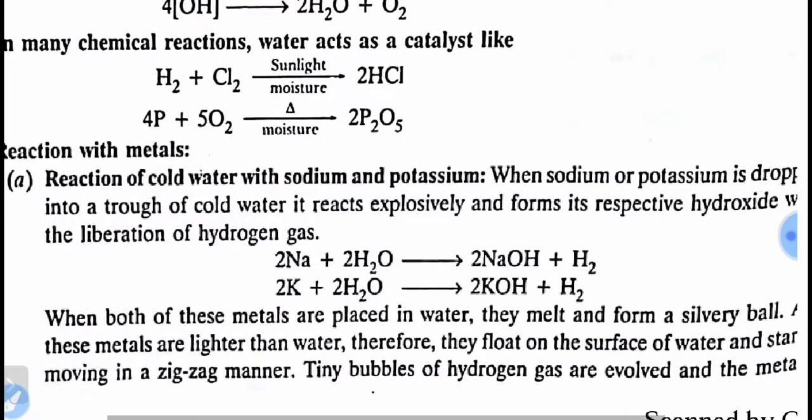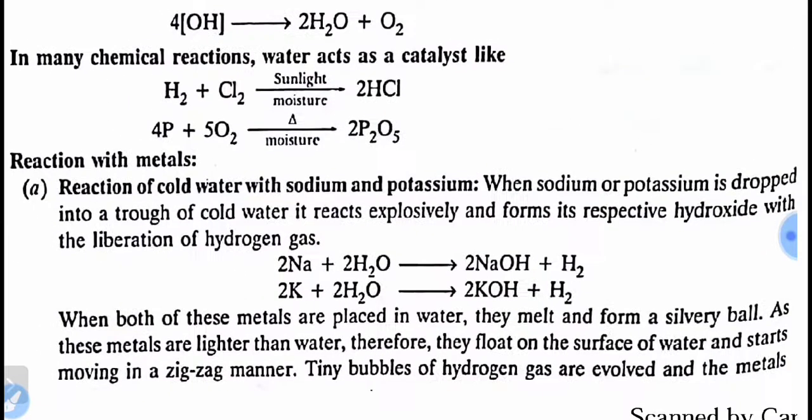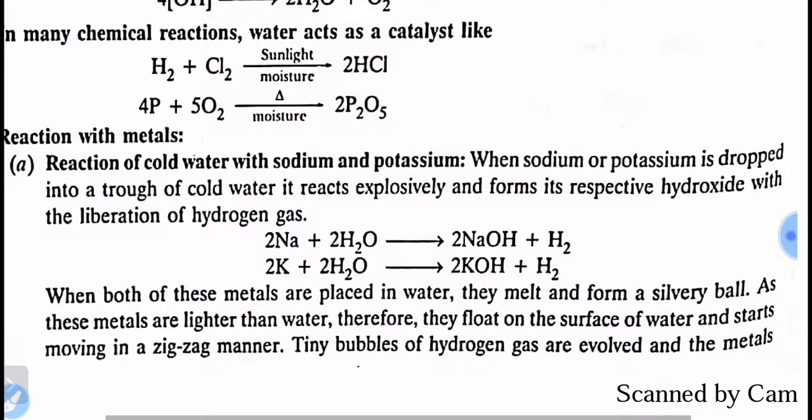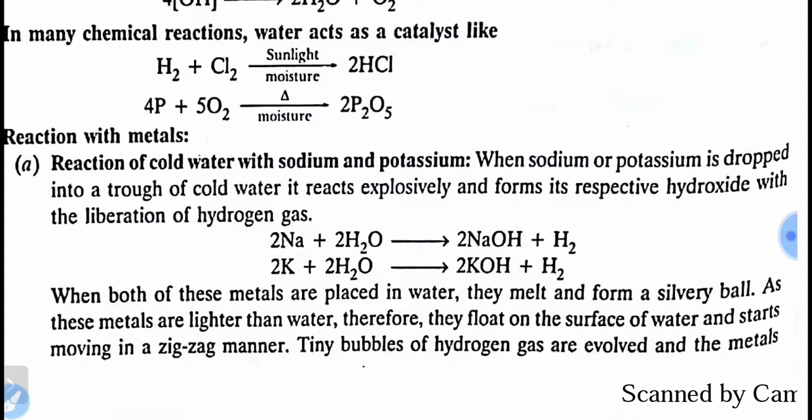Now the main reaction, which is very important for your examination purpose, is the reaction with metals. The first is the reaction of cold water with sodium and potassium. When sodium or potassium is dropped into a tub of cold water, it reacts explosively and forms its respective hydroxide with the liberation of hydrogen gas.